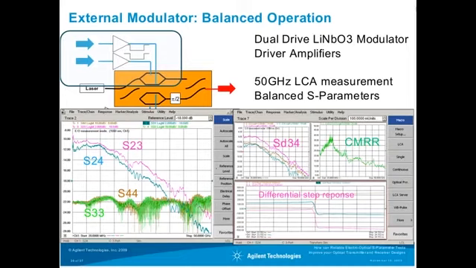You really see that the characteristics of the individual combinations of the amplifier plus the modulator are fairly far apart, and this also shows that the common mode rejection is not very perfect. Further analysis and applying these tools allows you to optimize the bias conditions on the modulator and the bias conditions on the driving amplifiers.